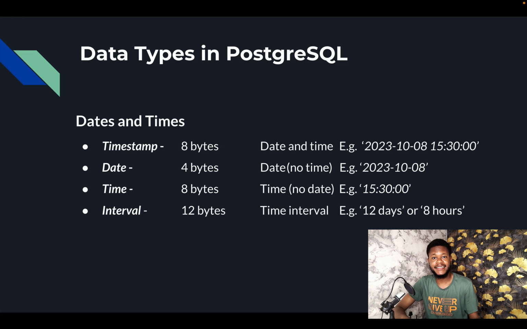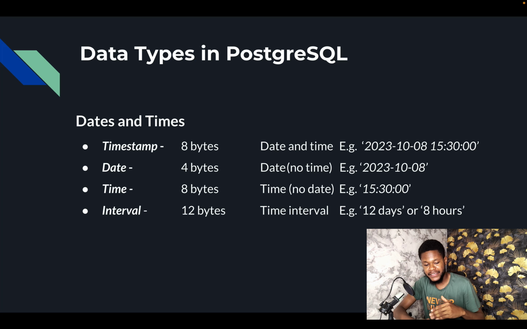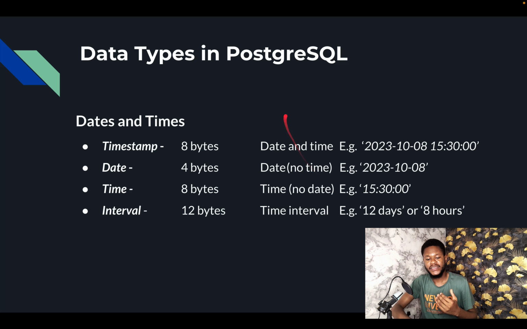We also have dates and times, and this is important when you're doing analysis like time series analysis. In Postgres we have timestamp, date, time, and interval. Timestamp consists of the date component and the time component, so you can see what day it is and also the particular time, hours, minutes, and seconds.